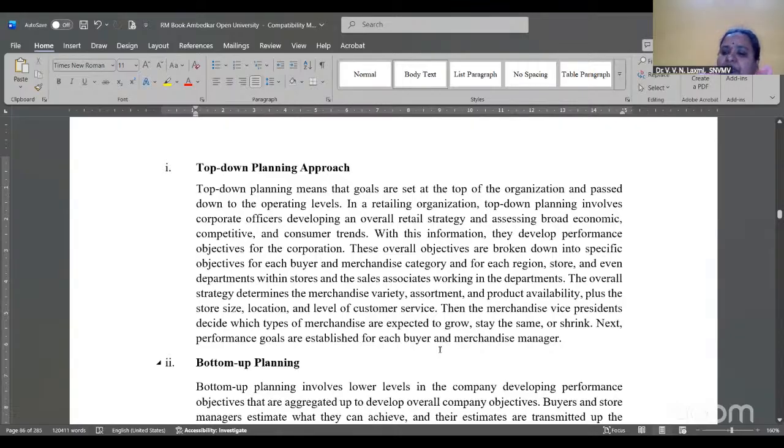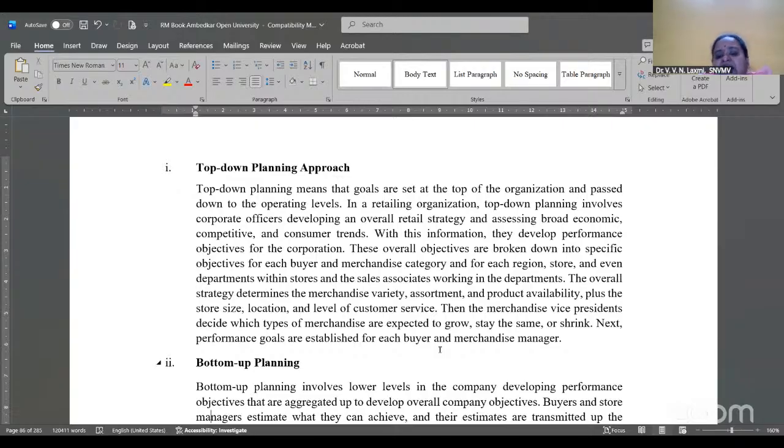In top-down approach, it is the management of the retail store or the retail chain that gives targets to various retail stores spread geographically, and also with regard to various merchandise carried by the retailer, and even to their employees.